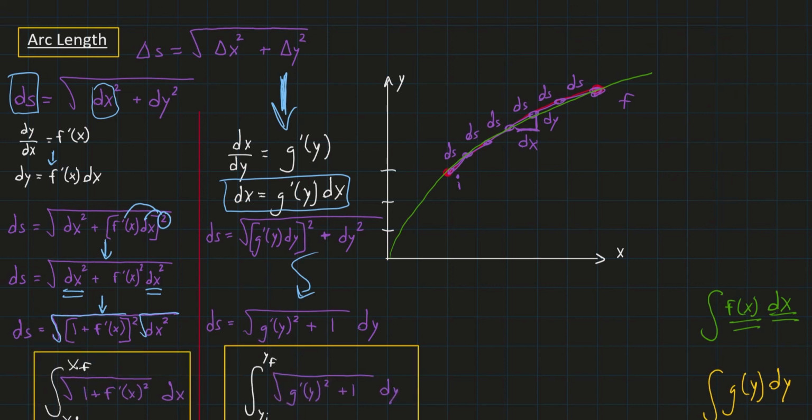Let's say this curve was y is equal to radical x, and they want us to figure out the arc length from some initial point to some final point. So we'd be using that dx form of the integral, so the bottom left, which means we would need to calculate the derivative of this curve in terms of x. Well, that's no problem. Performing that power rule, we would get this is our derivative.